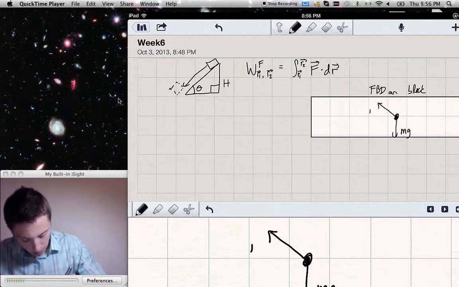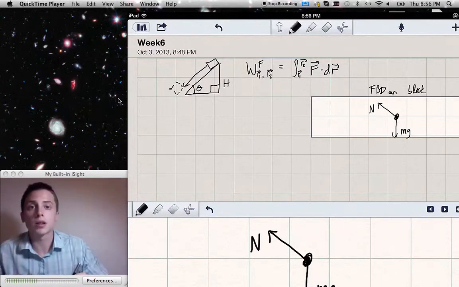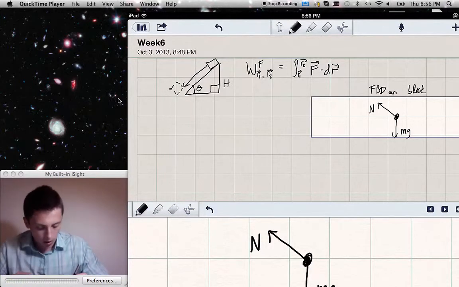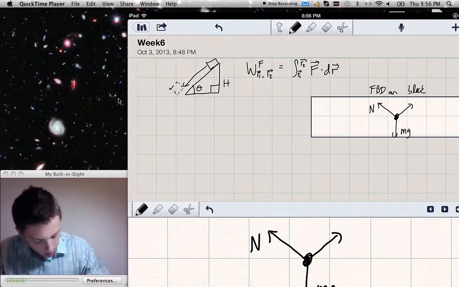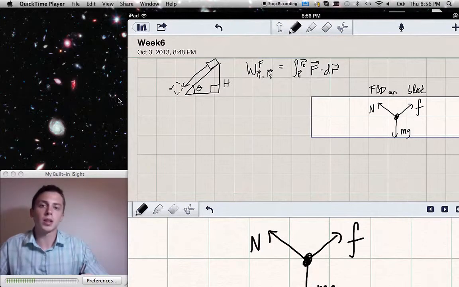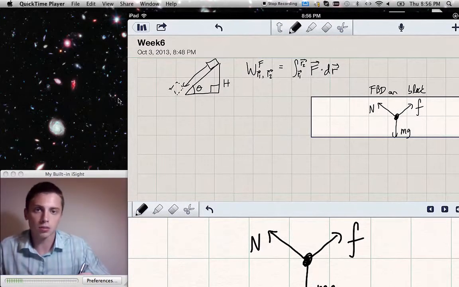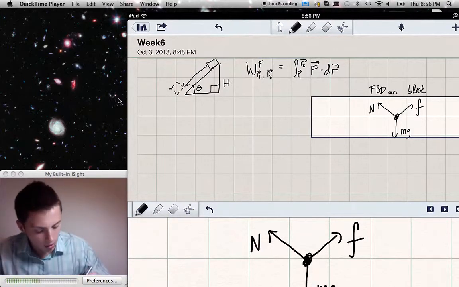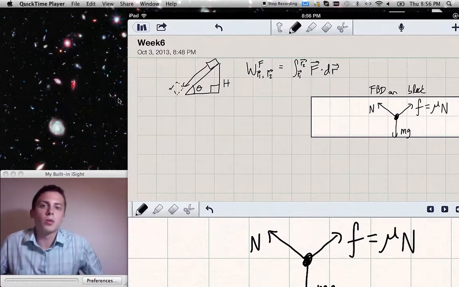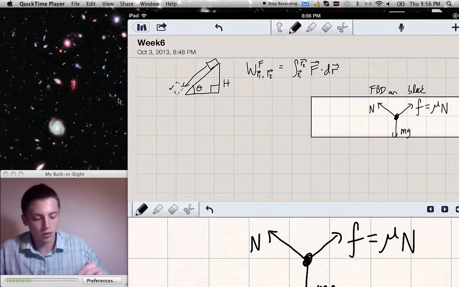The perpendicular component's called normal force, and the parallel component's called friction. It's opposing the motion, or rather, trying to slow down the relative motion of these two surfaces, and we know it's going to take on its full value, mu N, whenever there's relative motion between the two surfaces.